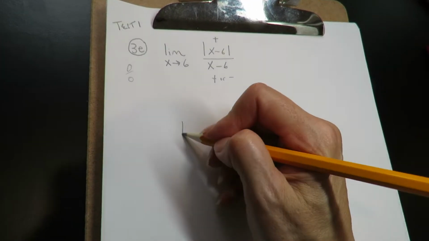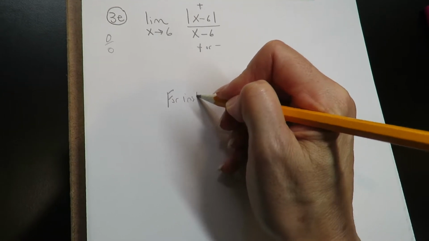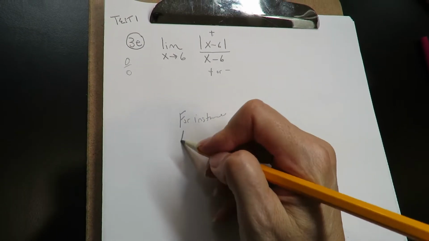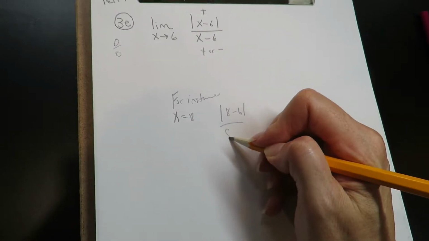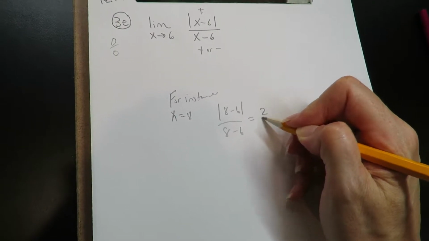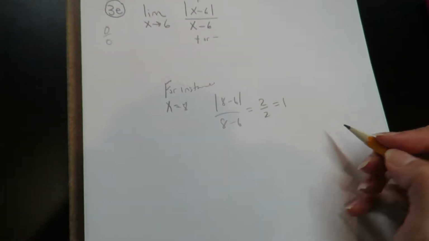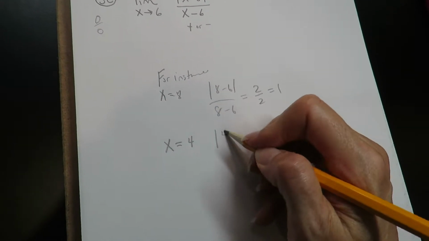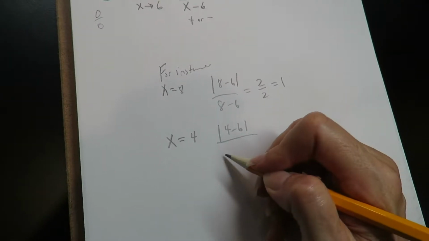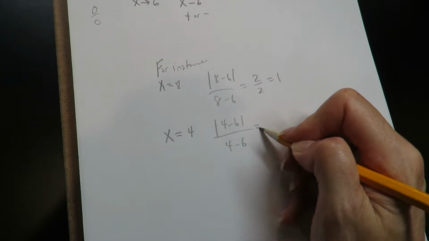So for instance, if x is 8, and I do 8 minus 6 over 8 minus 6, that's 2 over 2, which is 1. But if I have x equals 4, then I have 4 minus 6 over 4 minus 6.